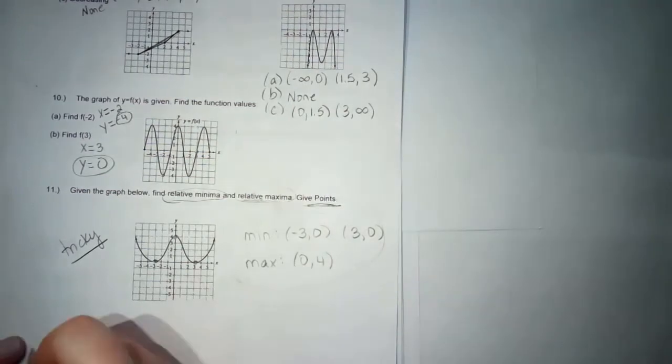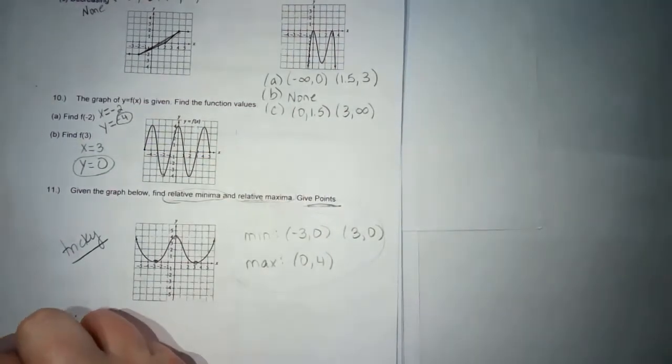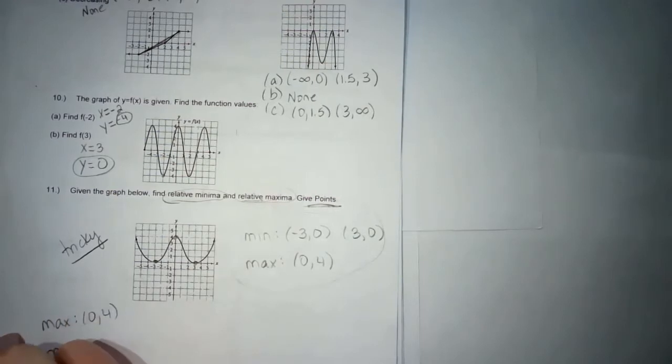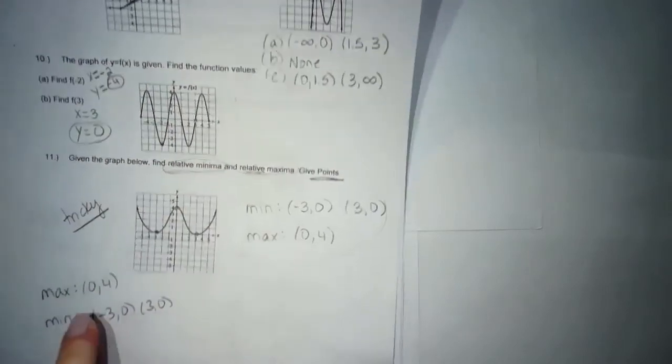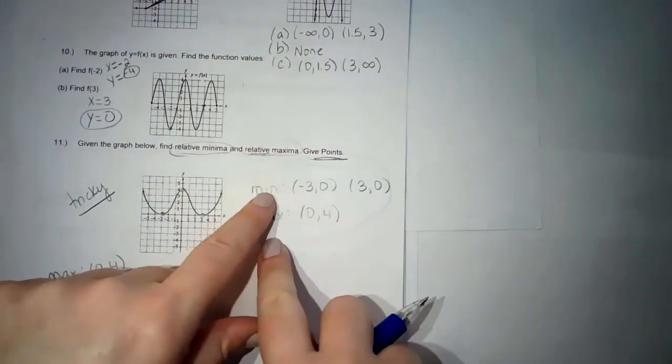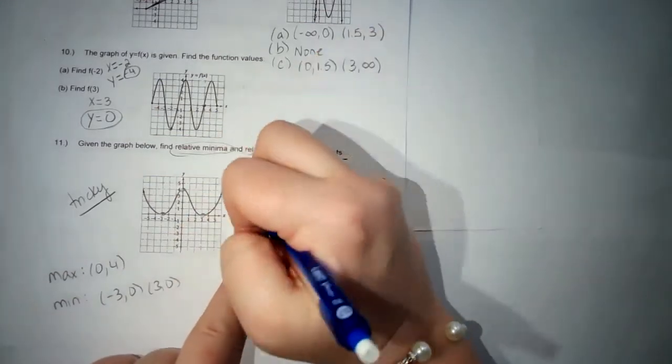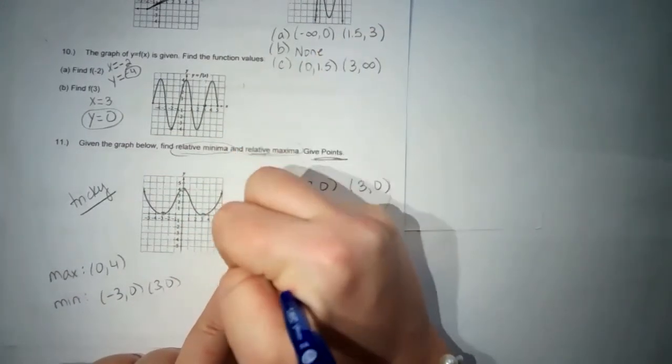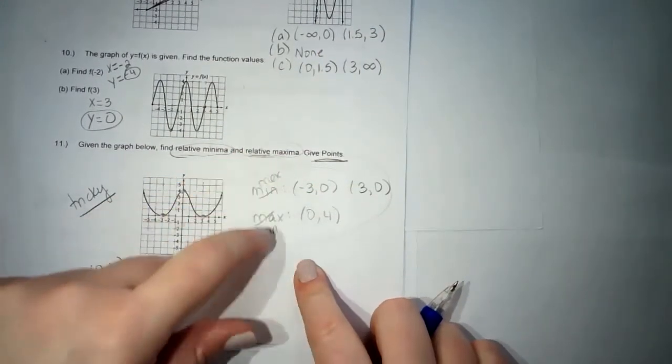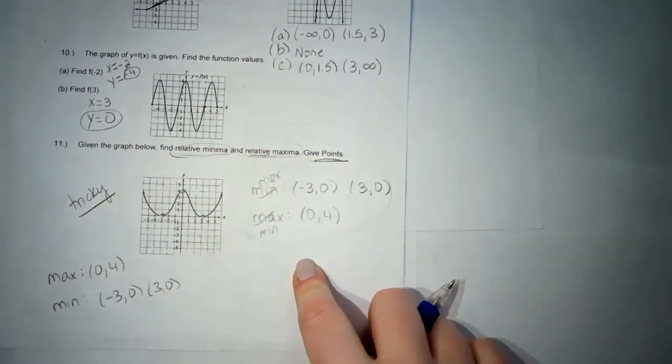And so one of your choices will be this, which would be great, right? This is the choice you want. But they're also going to have this with these switched, where this says this is the max and this is the min. See what I'm saying? They're going to switch these words on you.